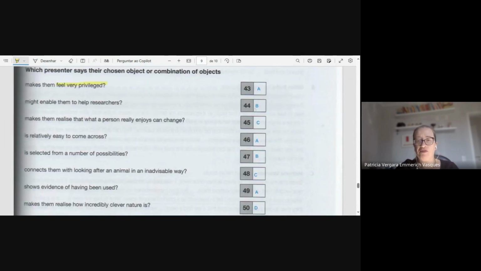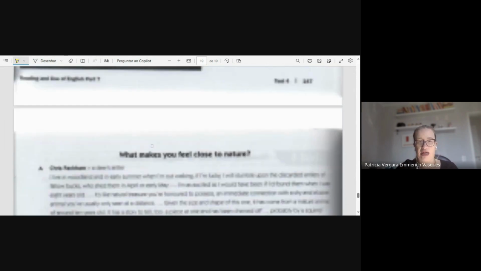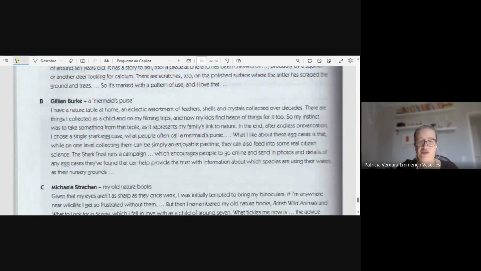The number 44 is B because you have enabled them to help researchers. And if you go to letter B here, they can also feed into some real citizen science. So let's read the whole sentence.